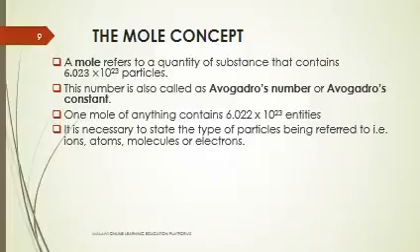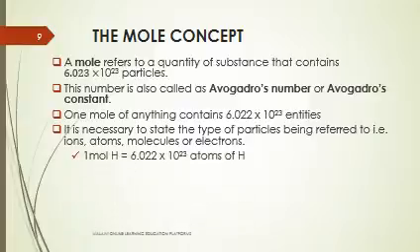It is necessary to state the type of particles being referred to, for example ions, atoms, molecules, or electrons. In the definition we said a quantity of substance that contains 6.023 times 10 to the power 23 particles, so we need to specify whether those particles are ions, atoms, molecules, or electrons.